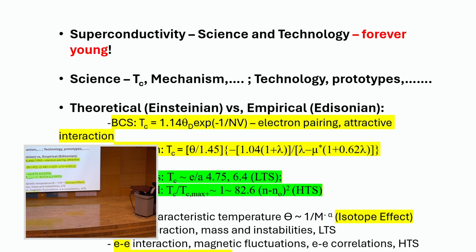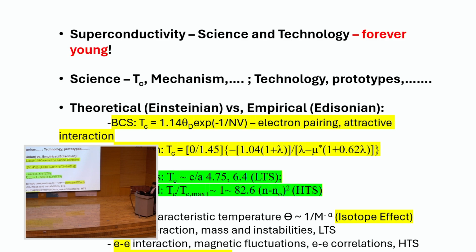The BCS theory is basically the Einsteinian approach, and it is based on electron pairing. As long as there exists an attraction between the electrons, no matter how small it is, they will form pairs.